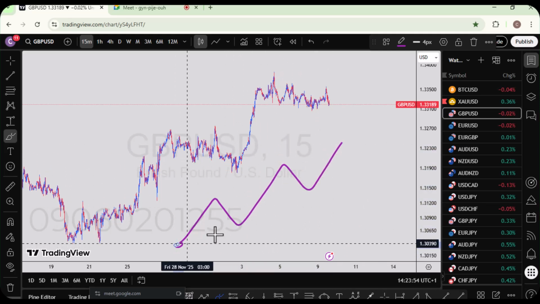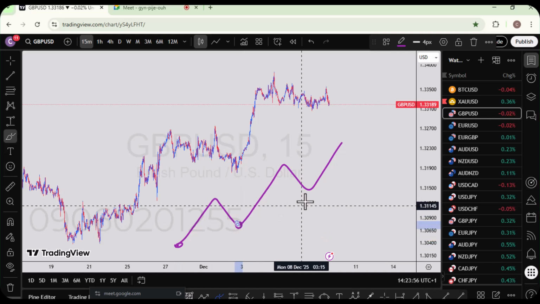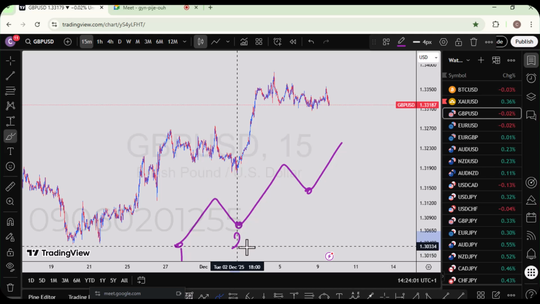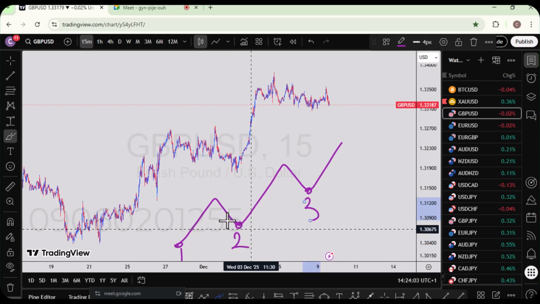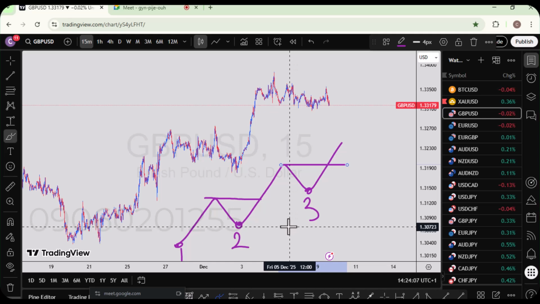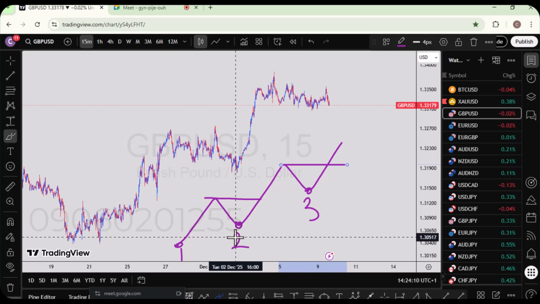From this low to this low to this low. 1, 2, 3. We have first breakout structure, then second breakout structure. Now based on what we have right here, we are seeing a new trend, which is a bullish trend.